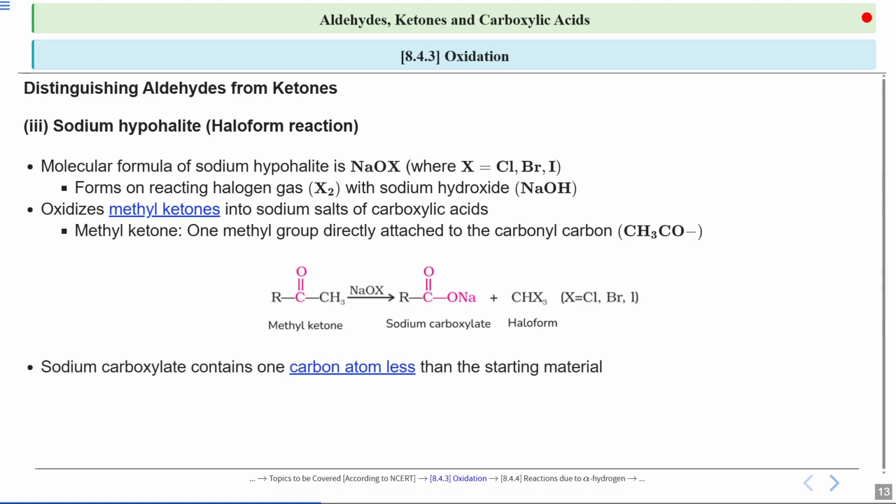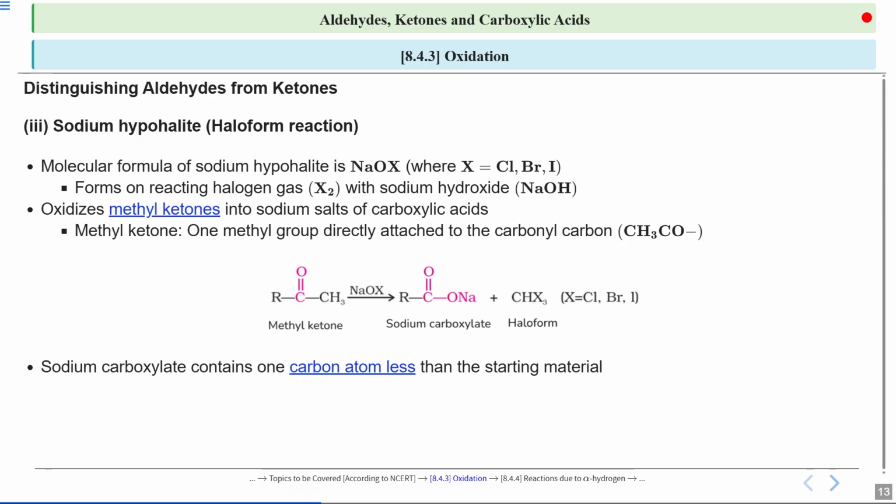Now the sodium carboxylate formed in this reaction contains one carbon atom less than the starting material. If you compare the methyl ketone, the starting material, and the sodium carboxylate, the sodium carboxylate contains one carbon atom less.